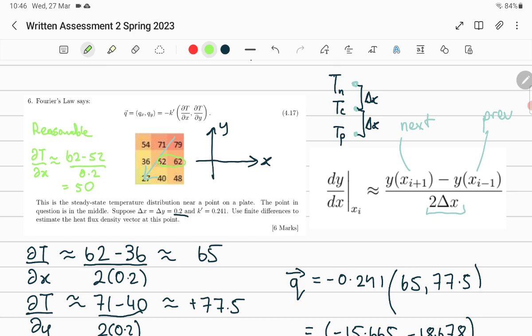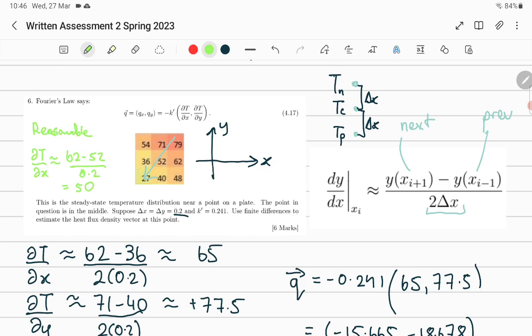Now, that's fine, but it's possible to also take into account the 36. If you also work with 52, so do 52 minus 36 over 0.2, you get another answer.